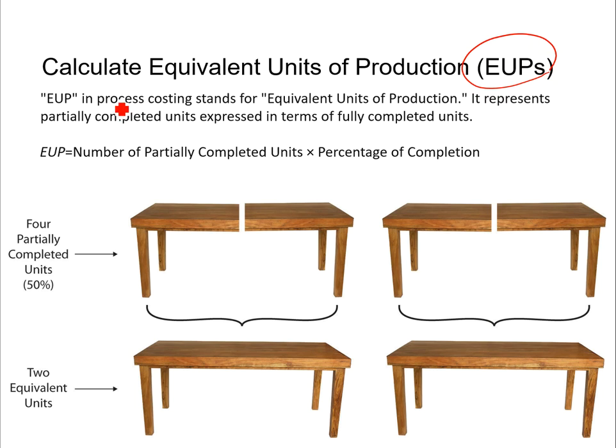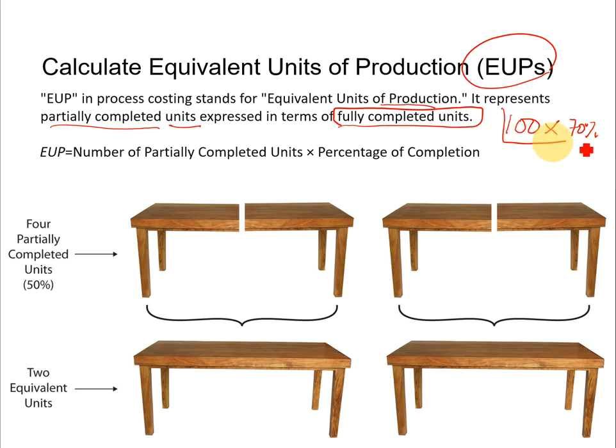What is EUP? EUP in process costing stands for equivalent units of production. It represents partially completed units expressed in terms of fully completed units. Or we can say, I worked on 100 units and it is completed 70%.